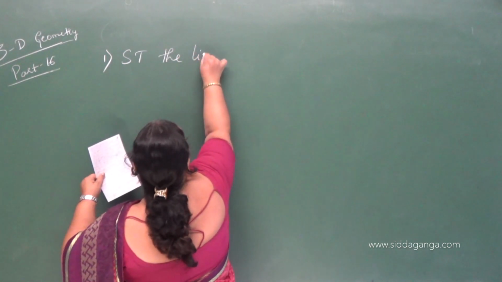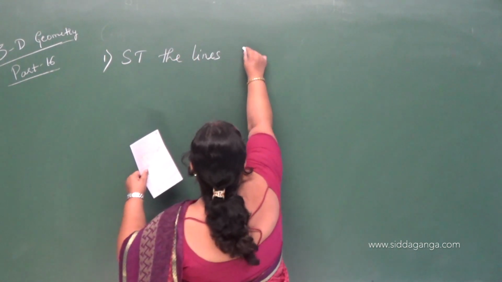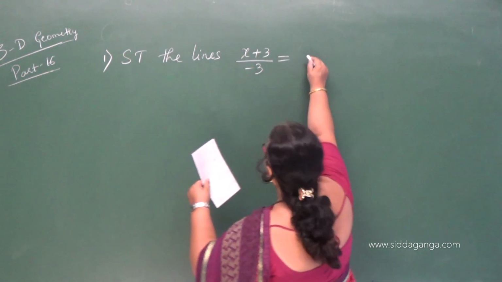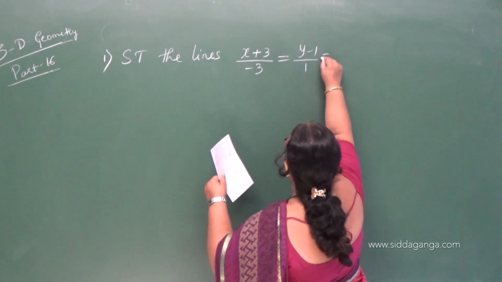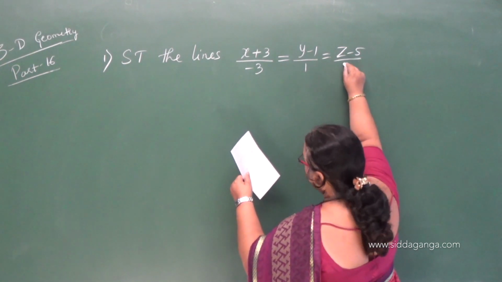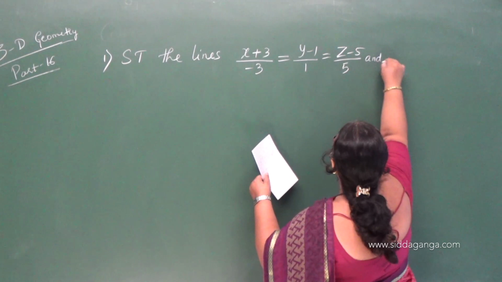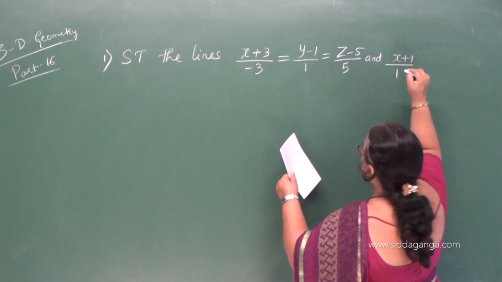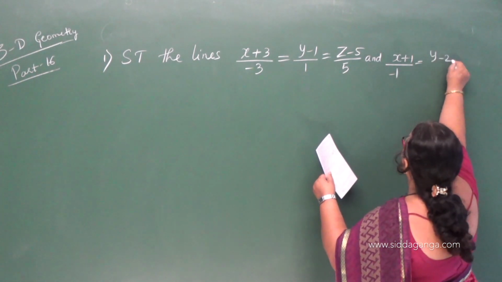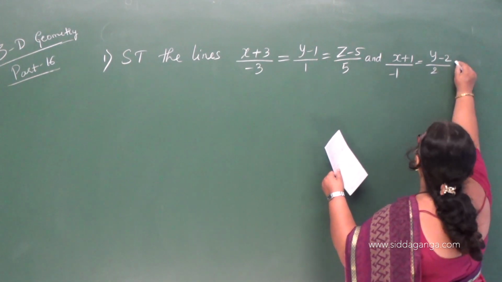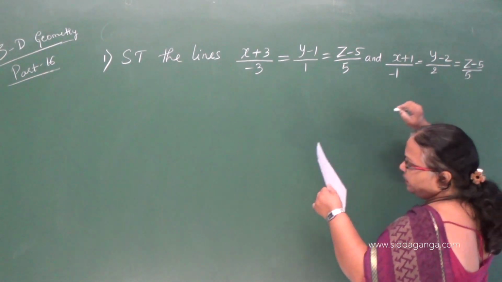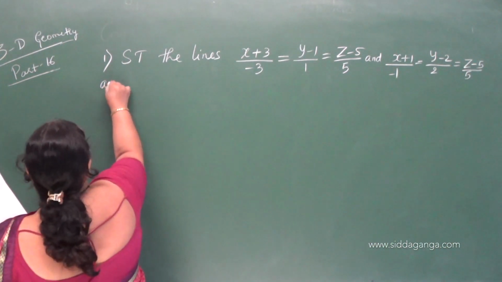Show that the lines x plus 3 divided by minus 3 equal to y minus 1 divided by 1 equal to z minus 5 divided by 5, and the second line x plus 1 divided by minus 1 equal to y minus 2 divided by 2 equal to z minus 5 divided by 5, are coplanar.